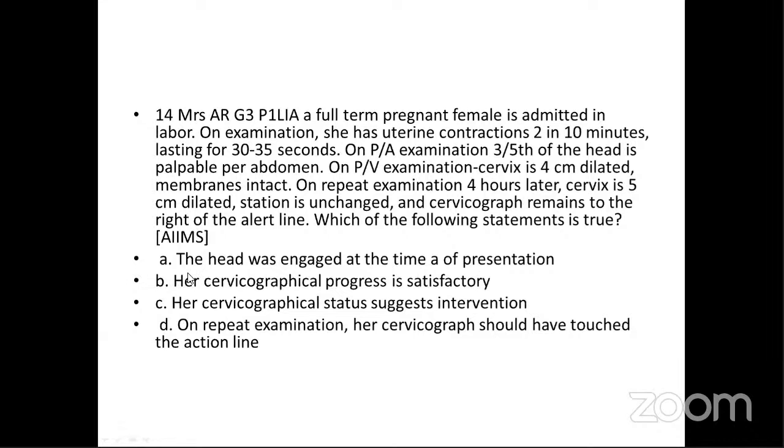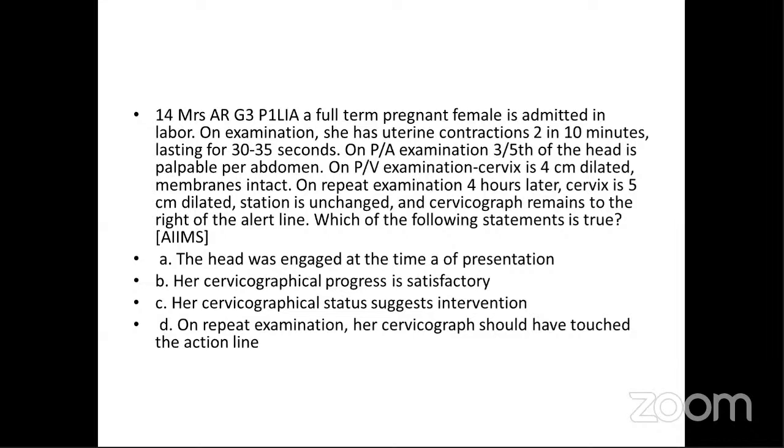Ma'am, after reaching action line only can we intervene, or on alert line? No, alert line. Once the patient crosses the alert line is the time when you have to intervene. See, intervention can be a conservative intervention, based on what the problem is. For example, if the patient is on the alert line, it shows that the cervical dilatation is not adequate, right? So why is the cervical dilatation not adequate is what you have to assess.